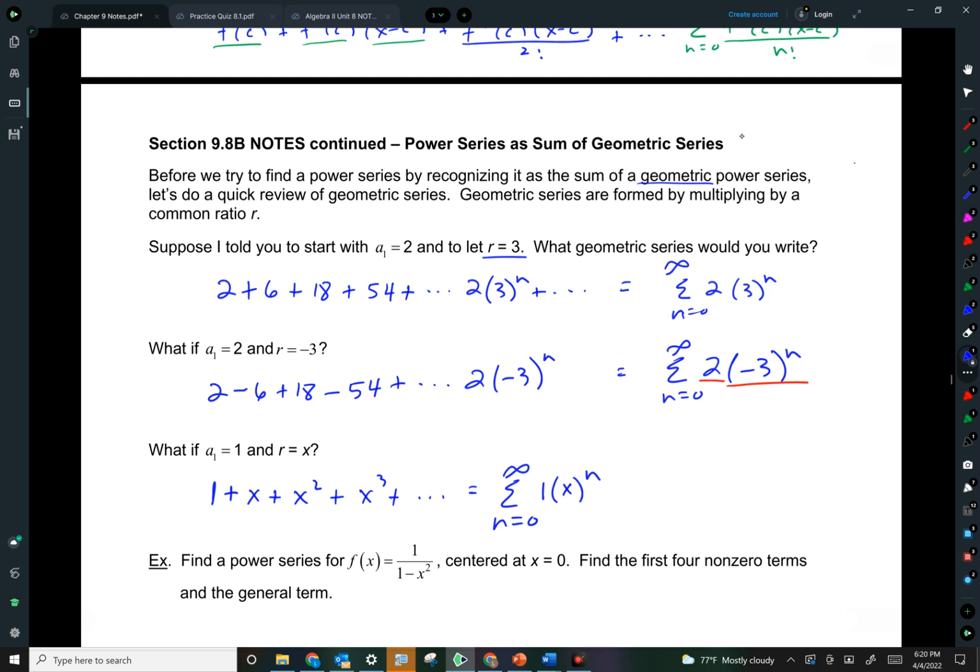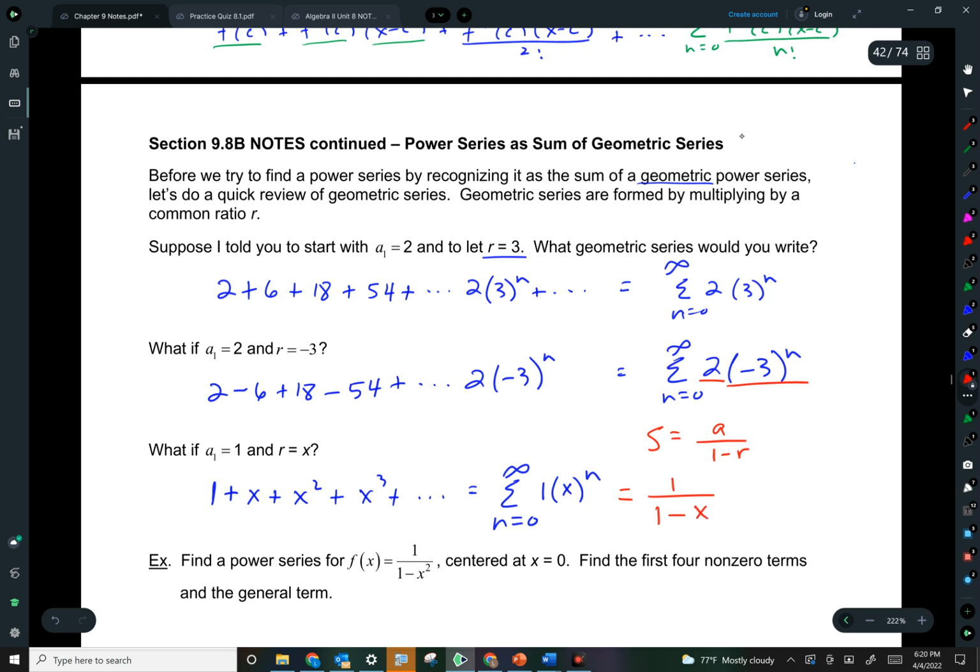Okay, well, remember how we said that the sum of a geometric series is a over 1 minus r. So the sum of this series is going to be a over 1 minus r.